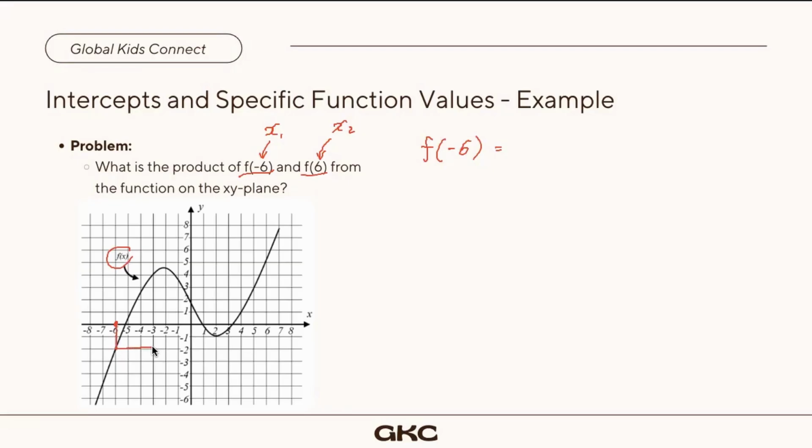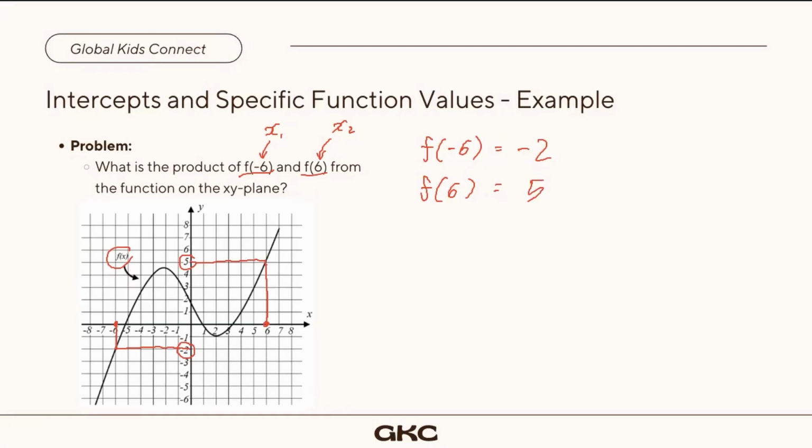From here, we can see that the value is -2, so f of -6 is equal to -2. For f of 6, like we did for -6, we find where x is 6, go all the way up until we touch the graph, and check the y value at that point, which is 5. Therefore, f of 6 equals 5.